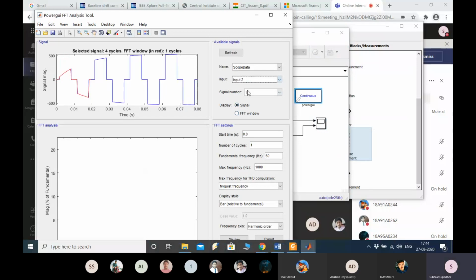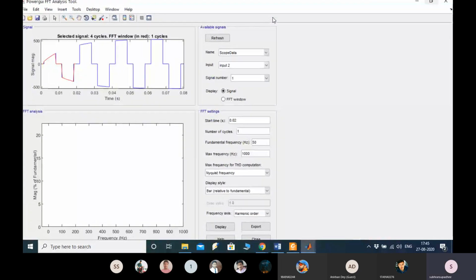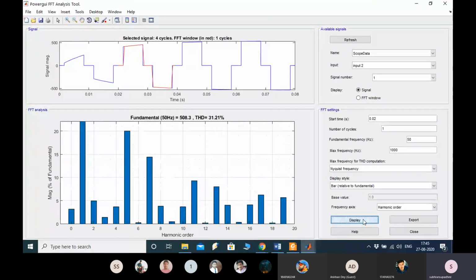This is input 2. Start from, let's suppose, 0.02, and display.